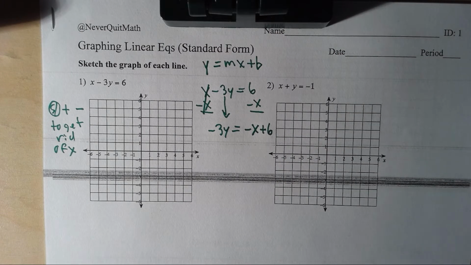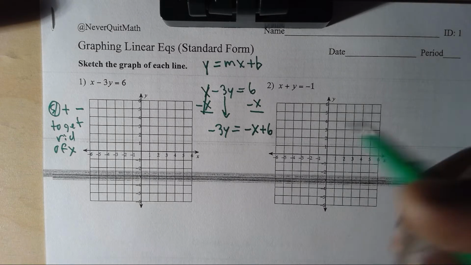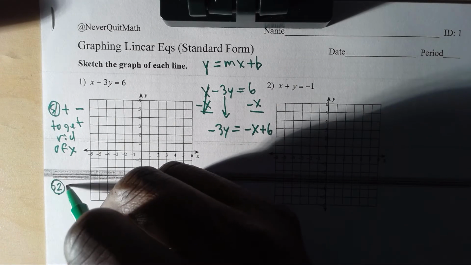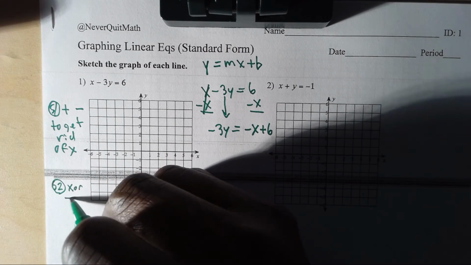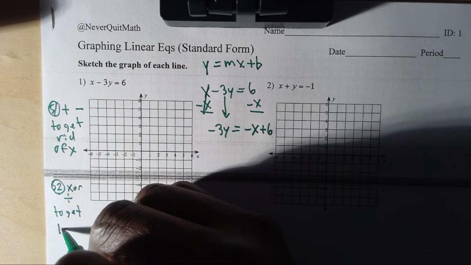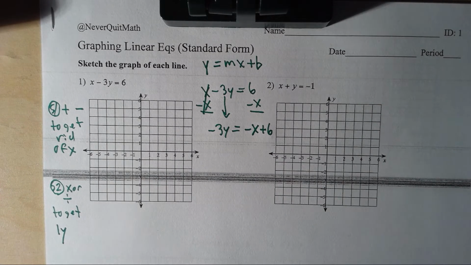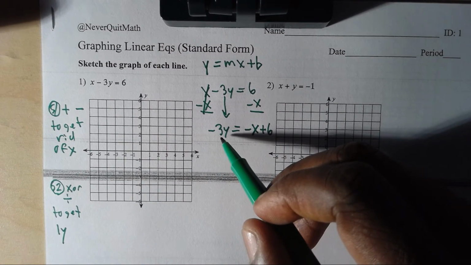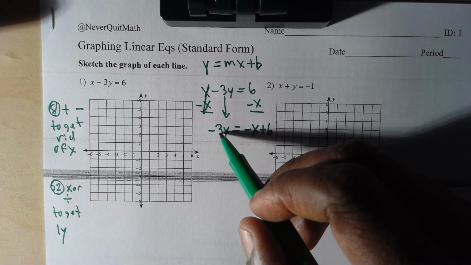Next step, I want to solve for y, and I've got the negative 3 here. So my second step is always going to be to multiply or divide to get 1y. I've got negative 3 here, and to decide whether to multiply or divide, I need to ask myself, how is this connected to y?